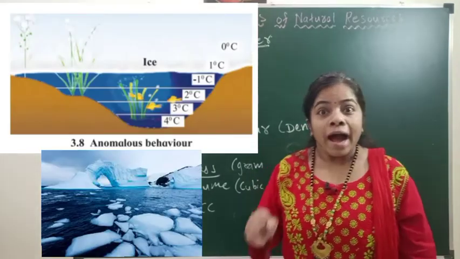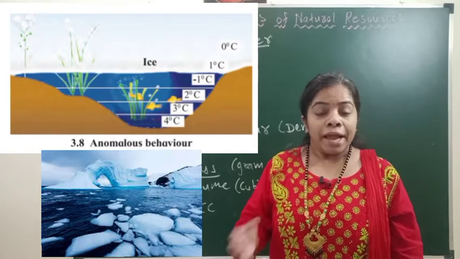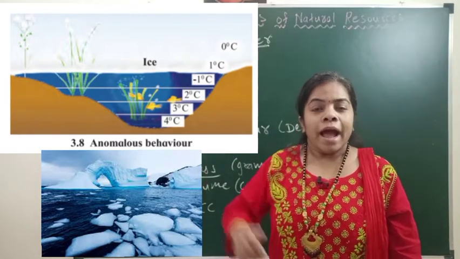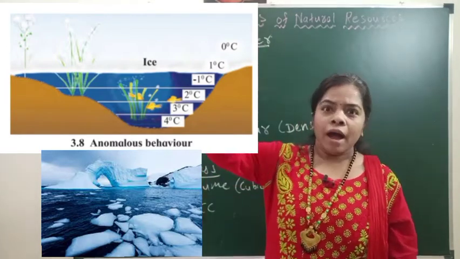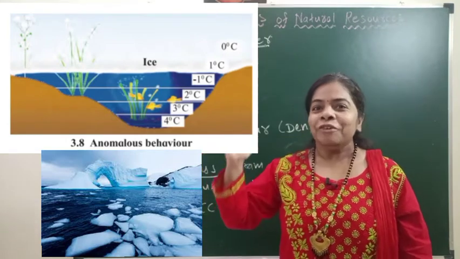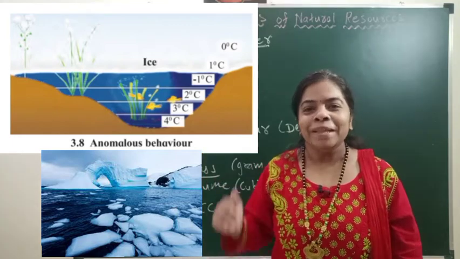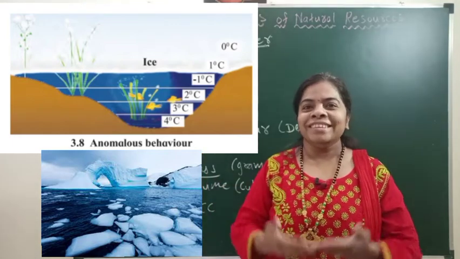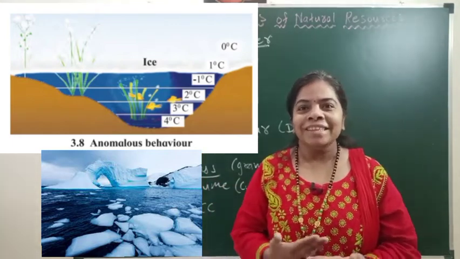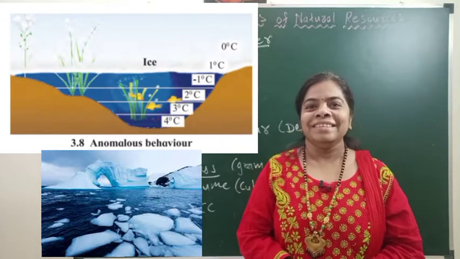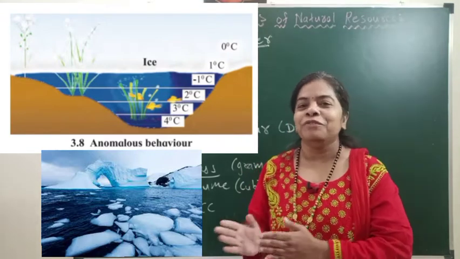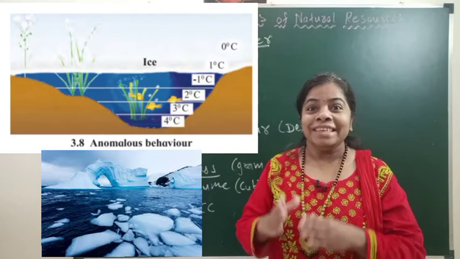Because ice is lighter, it will float on water, and when it floats on water, up top, down below, the fishes, the aquatic animals, the aquatic plants, all nature's living beings are able to live, are able to stay alive.